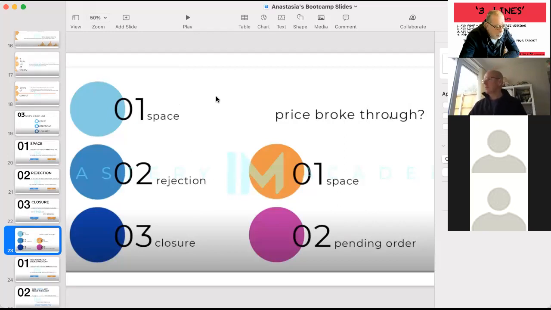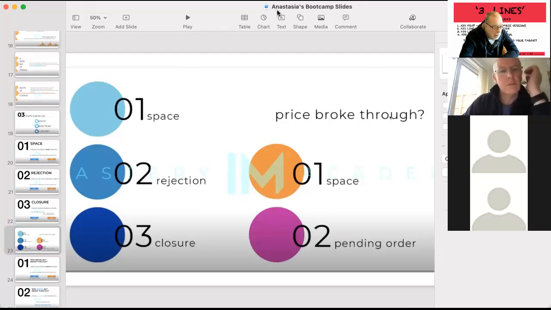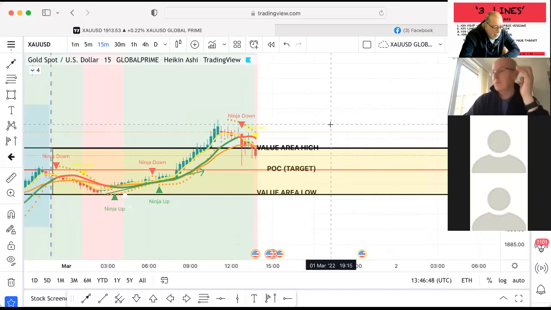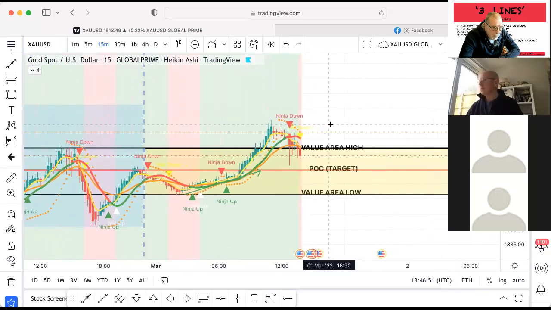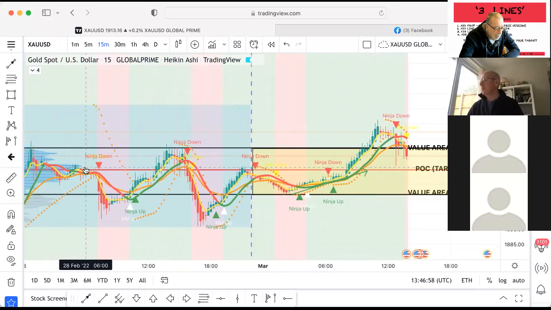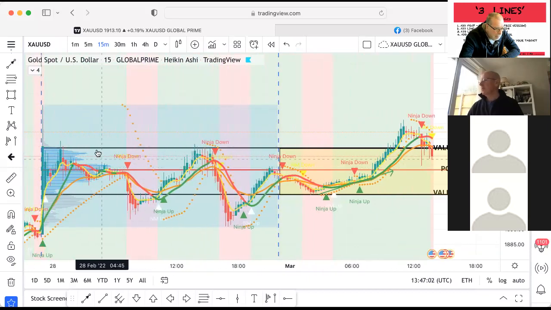Right, so basically just to explain what this is about, she's talking about the two situations. Let me see if I can get back onto my other chart and just explain what she's talking about. Right, so we're working here on yesterday's information to give us today's point of control.